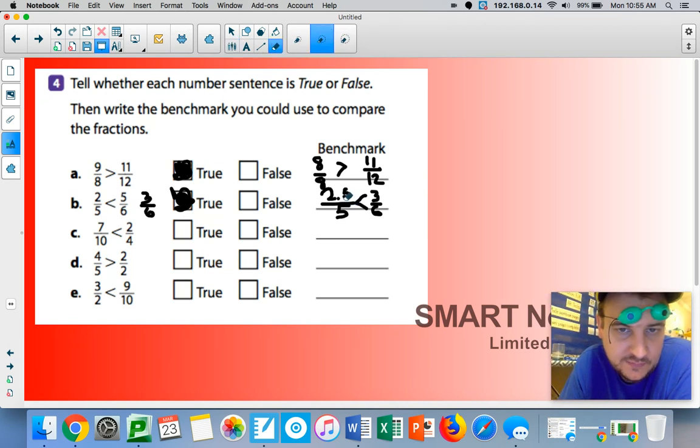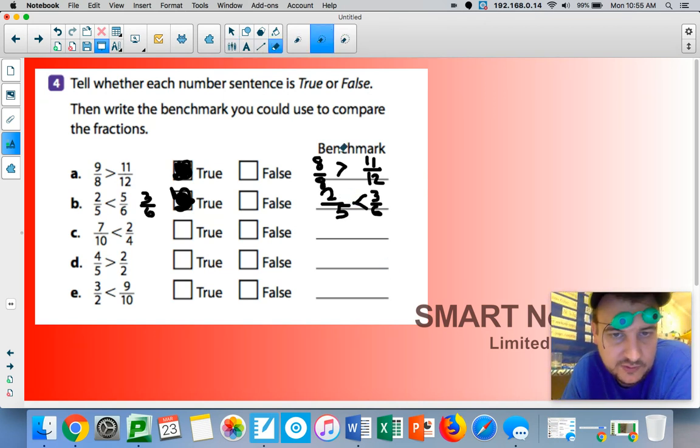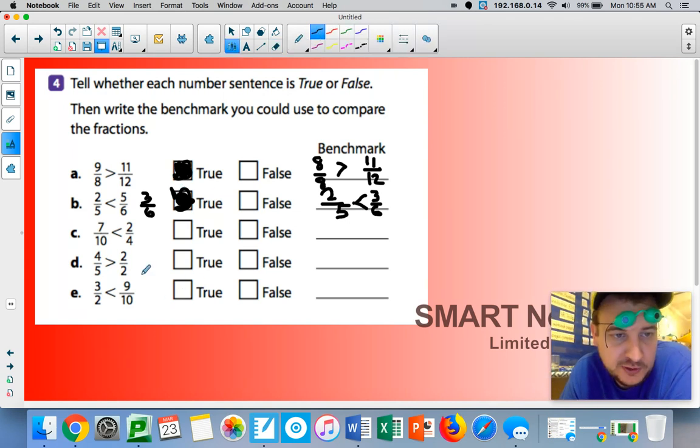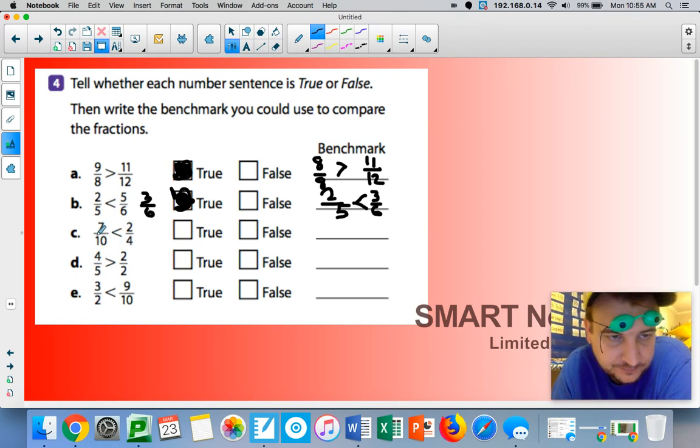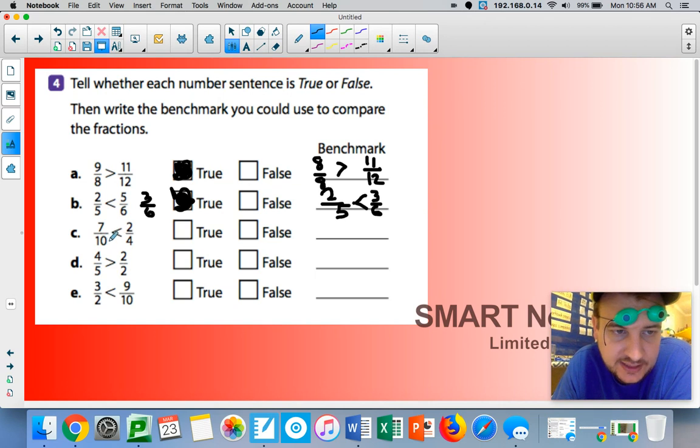I'm going to erase this fraction right here just because I know it's going to confuse some of you. Already confused. I'm just copying your work. 7/10, 2/4. All right, so we have 7/10. Half of a tenth is 5. 5/10. That's halfway.